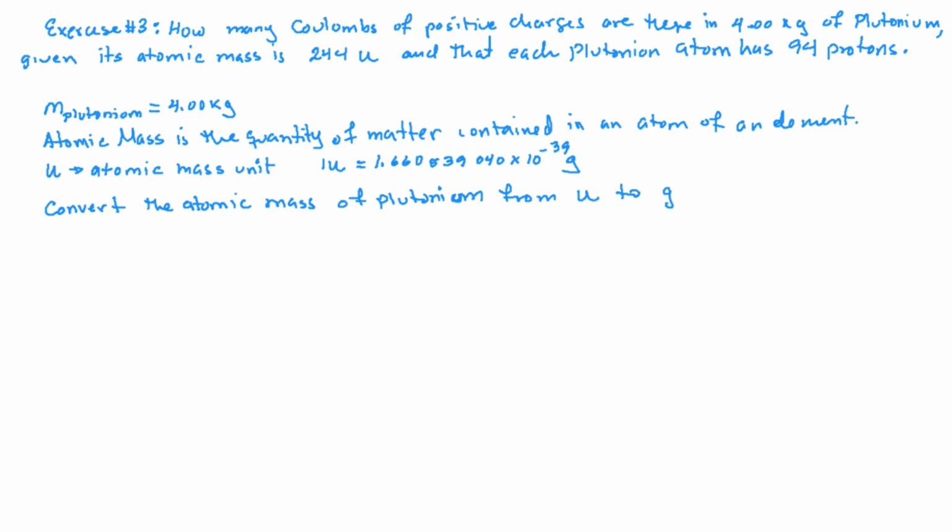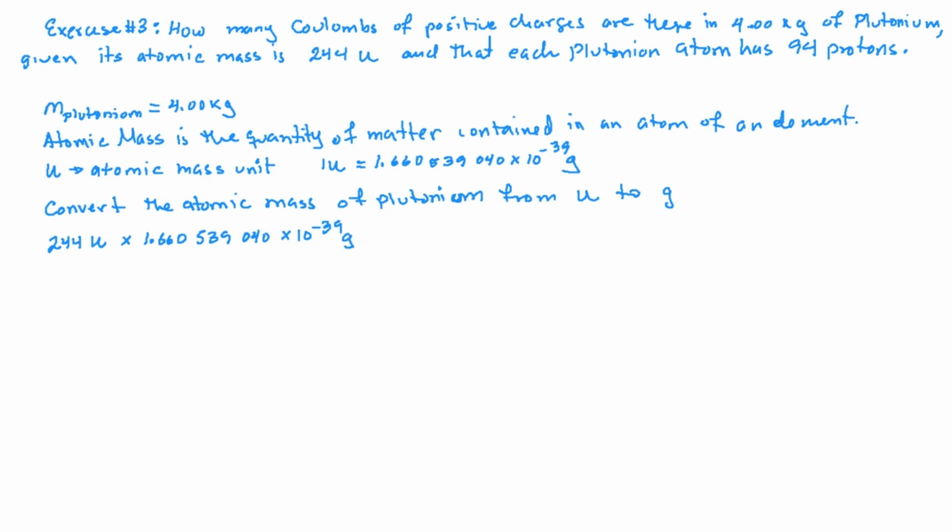So we multiply this 244 U times 1.660 539 040 times 10 to the negative 24 grams per atomic mass unit.